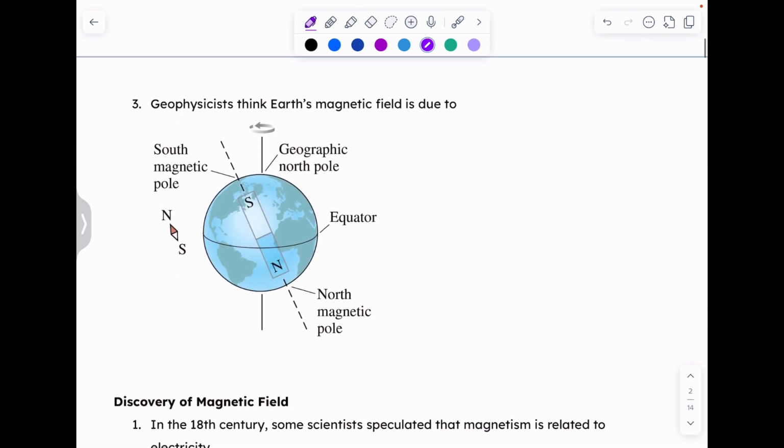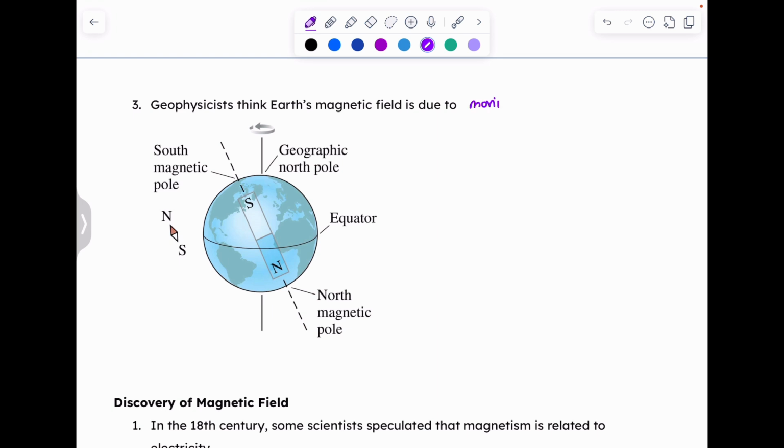Geophysicists think that Earth's magnetic field is due to moving charges in Earth's core. If you remember from an earth science class, at the very center of Earth is a solid core, but around that, the outer core is a liquid nickel and iron hybrid.